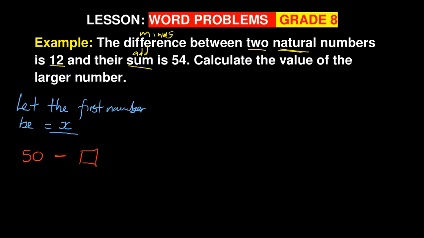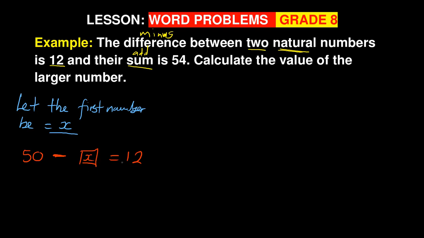If I subtract these two numbers, I am going to get 12. That's what they're saying. It says the difference between two numbers is 12. So now the question is, what will be that number?